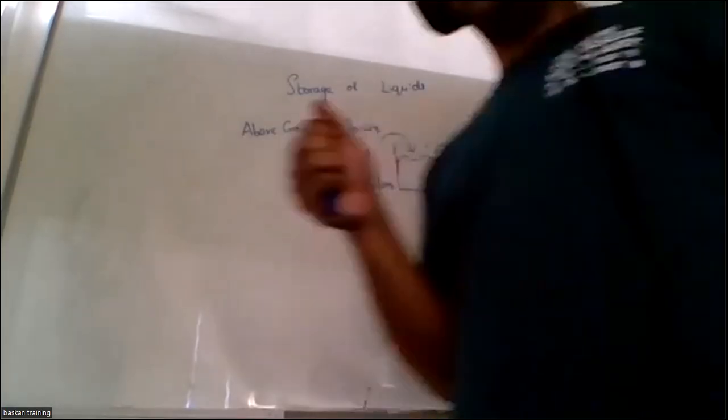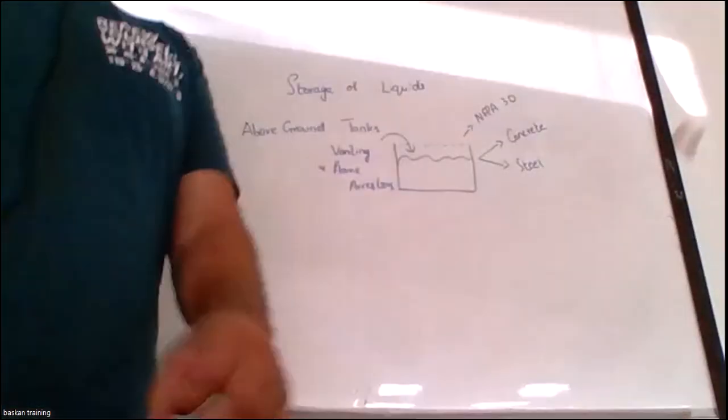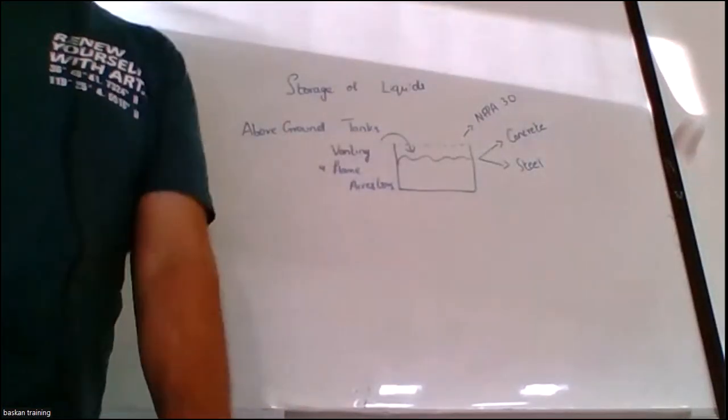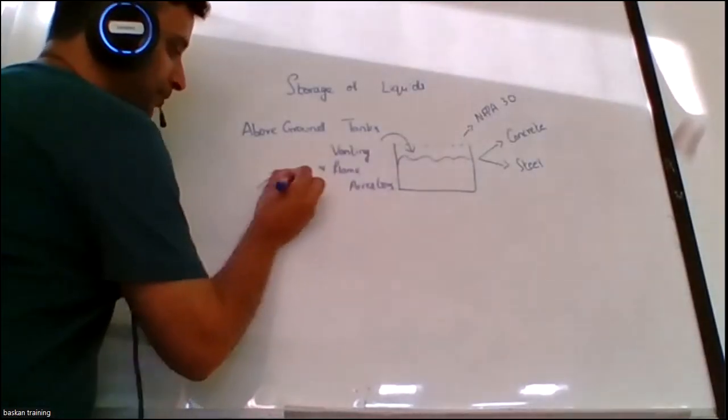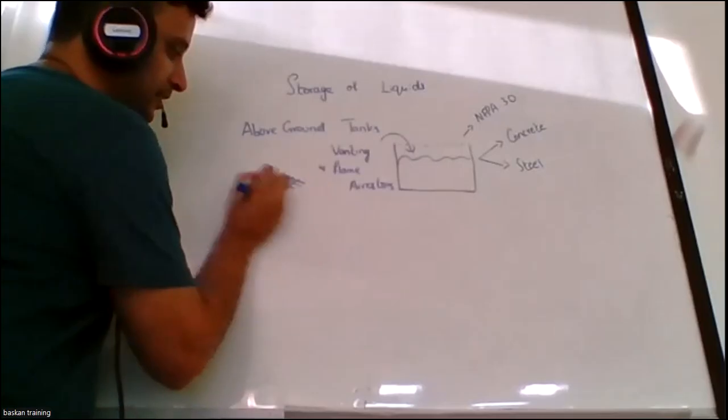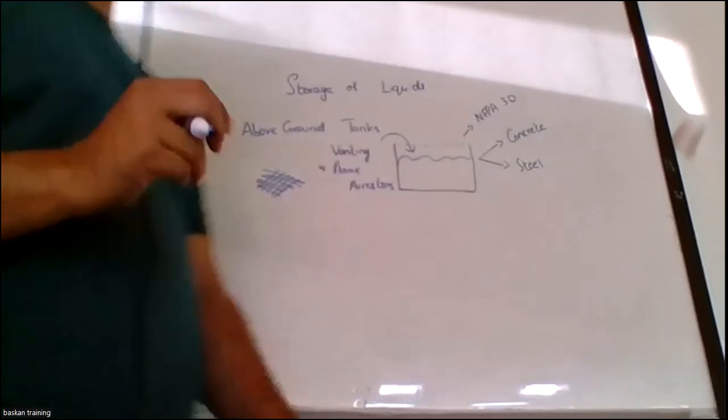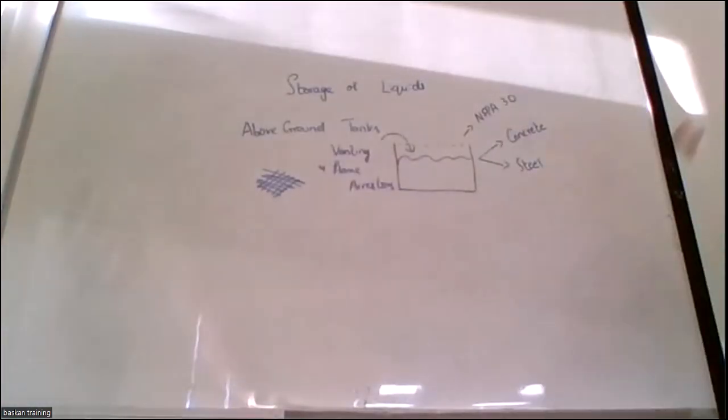Whenever a flame is generated, it has to be absorbed somewhere. So flame arresters are usually small fences that are installed on the tanks. You'll see that on some drums when you're pouring a liquid, this type of fencing is attached.